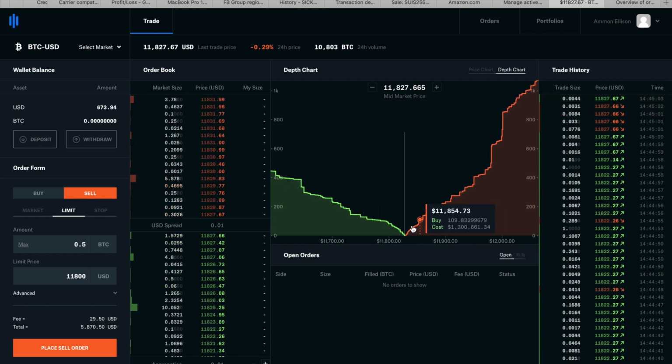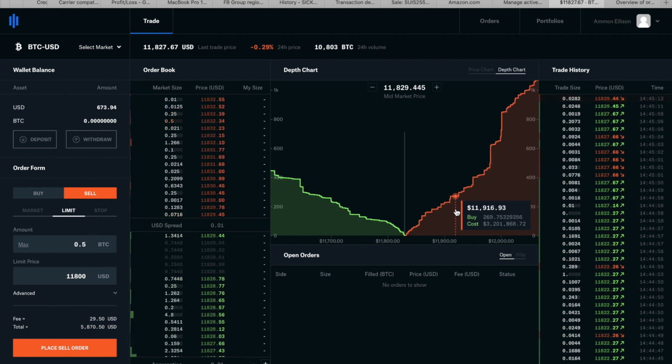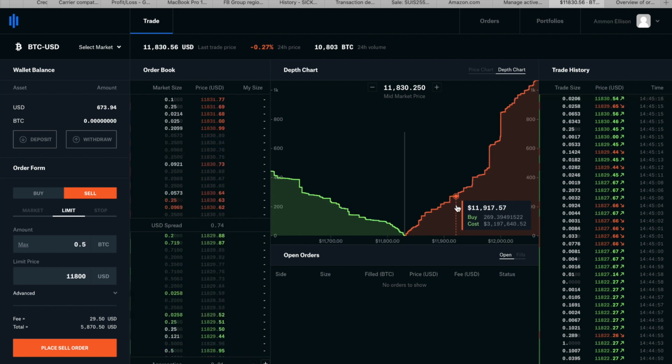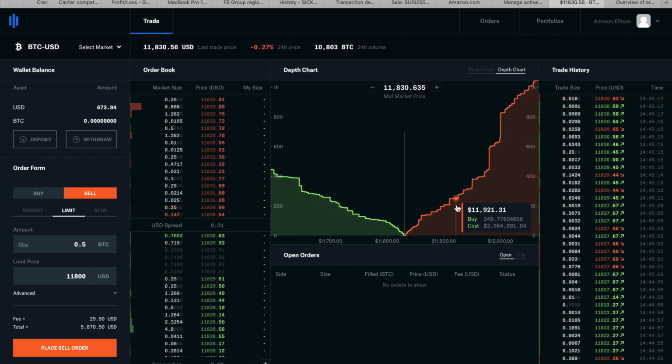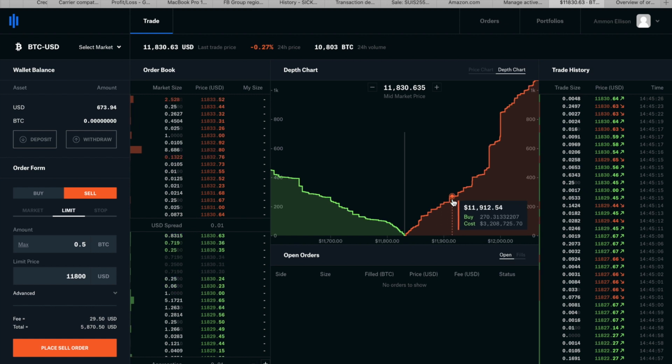And then as you go higher, you can see that if you placed a market order of 3 million in this case, you would push the price up to 11,920, about that, if you were buying that much.